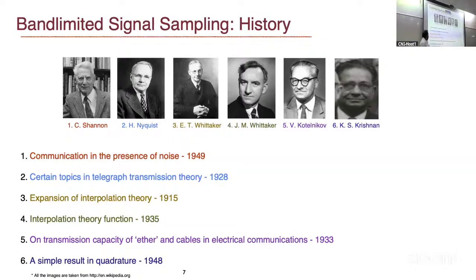A few of the early works were also there in 1915, 1928 and so on. In Britain, people talk about the Shannon, Nyquist and Whittaker sampling theorem. In Russia, they talk about only the Kotelnikov sampling theorem. Japan also has someone who talks about this sampling theorem, with their own sampling theorem. But what we call the Shannon-Nyquist sampling theorem, what does it say generally?